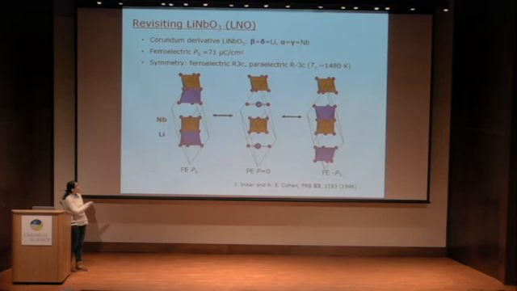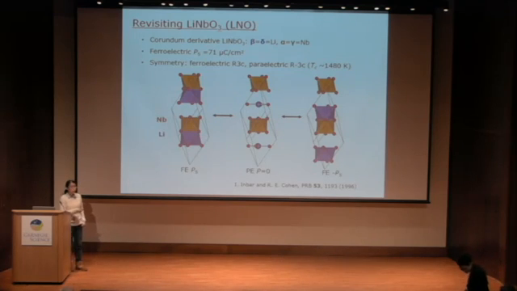If we look from left all the way to the right to see how the polarization changes, we can see that basically the polarization changes as these two lithium cations move downward, move across this oxygen plane and into the oxygen octahedra beneath it.